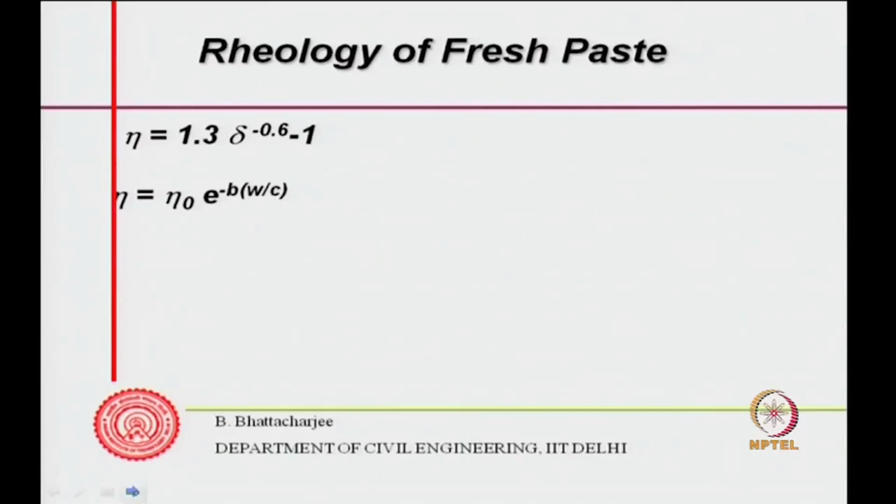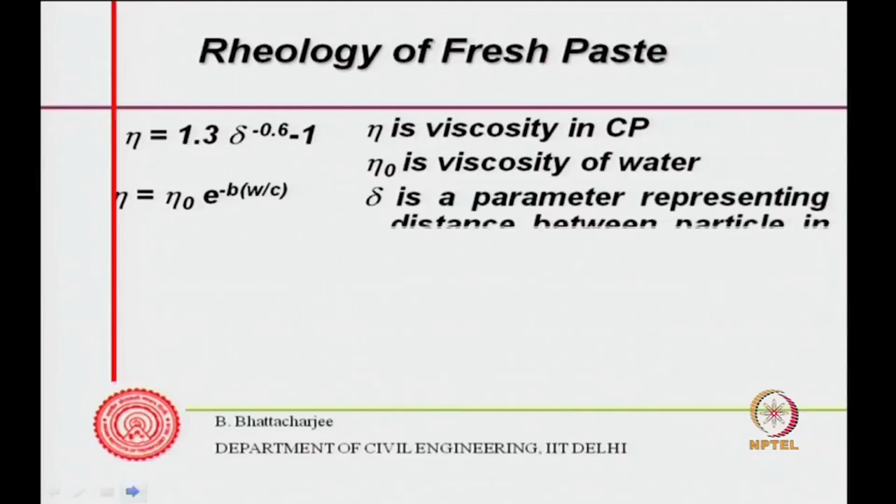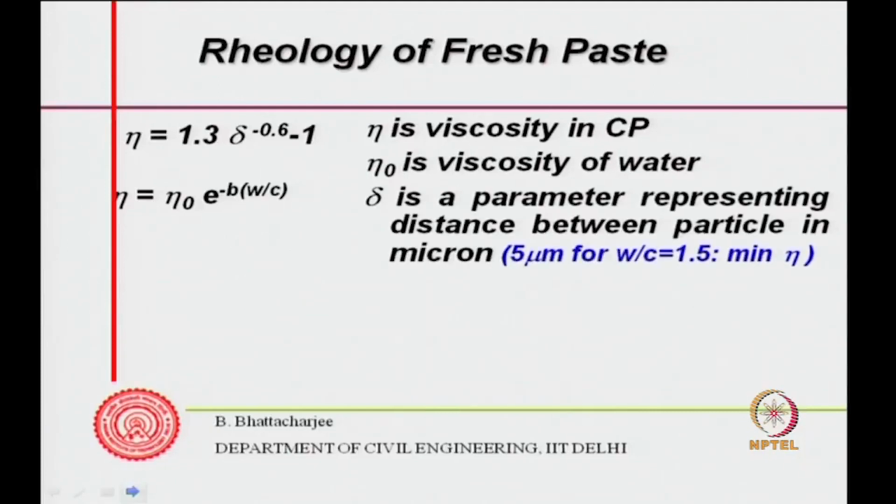viscosity can be related to dispersion distance between particles, and also to water cement ratio. Let us see how they are related. Viscosity of cement paste, nu 0 is viscosity of water, delta is a parameter representing distance between particles in micron, 5 micron for water cement ratio of 1.5, and that corresponds to minimum nu.